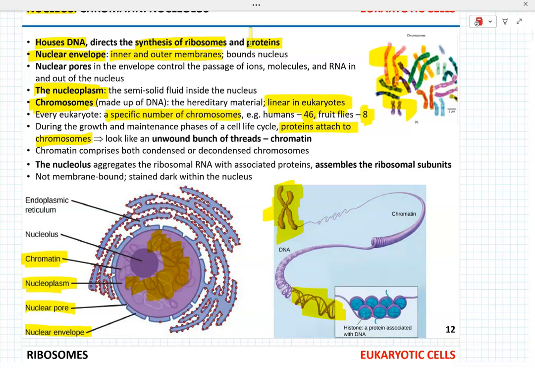Another structure found within the nucleus is the nucleolus. The function of the nucleolus is to assemble ribosomes by aggregating ribosomal RNA and ribosomal proteins. When ribosomal subunits are assembled, they are transported out of the nucleus, and it's important to notice that the nucleolus isn't membrane bound.